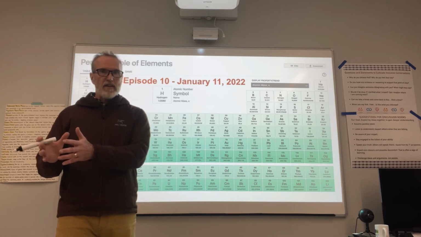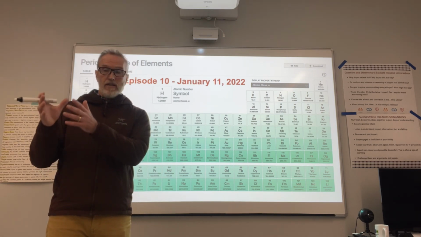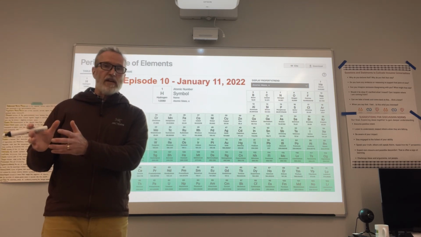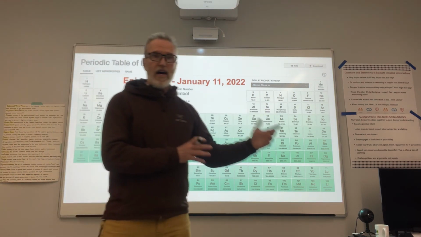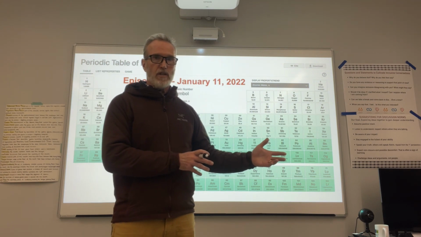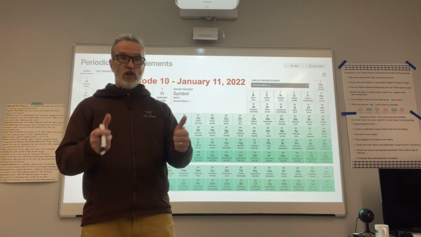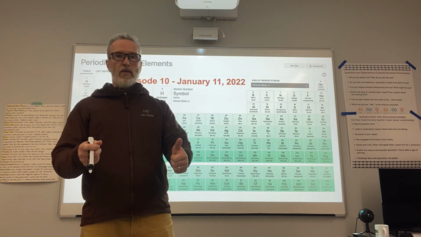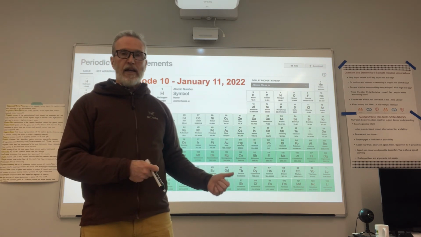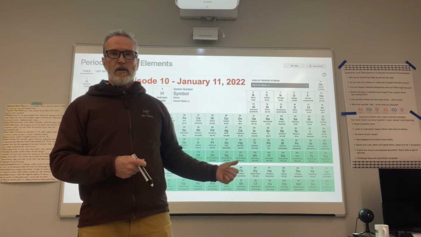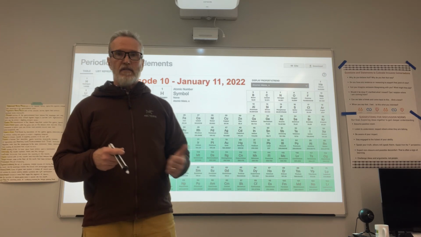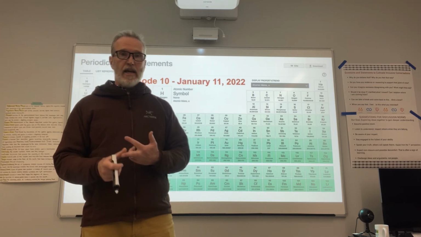A lower effective nuclear charge means a weaker attraction for the valence electrons than if you have a higher effective nuclear charge. Check? Good? Go to the worksheet and answer some questions about periodic trends of valence electrons and effective nuclear charge.